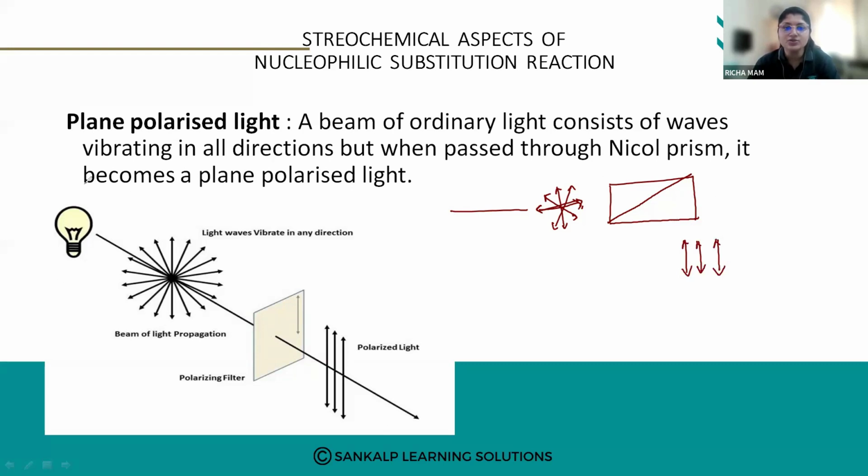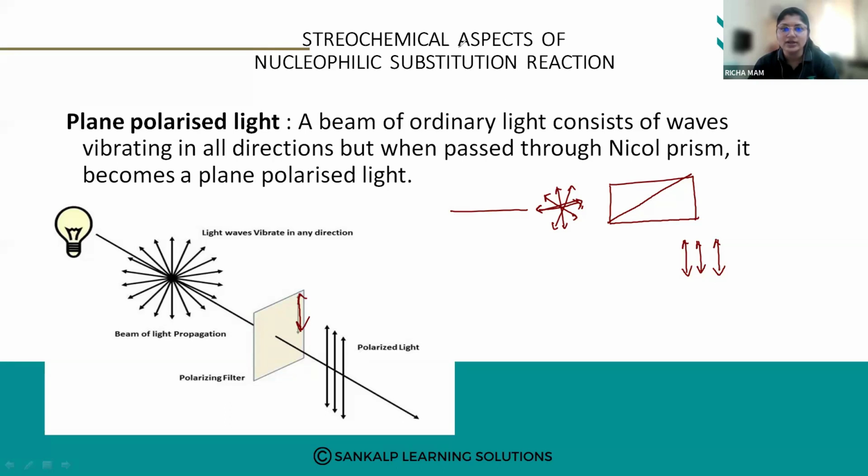So what is done? A beam of ordinary light, which consists of waves vibrating in all the directions, is passed through a nickel prism, and then the waves start to move in a straight line, in a plane polarized manner.